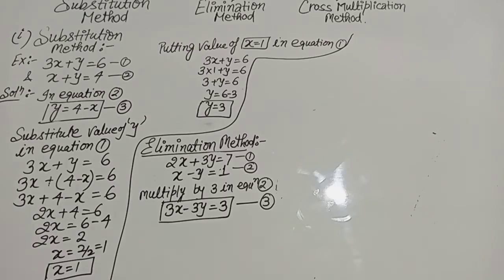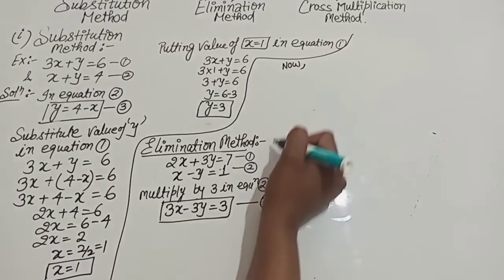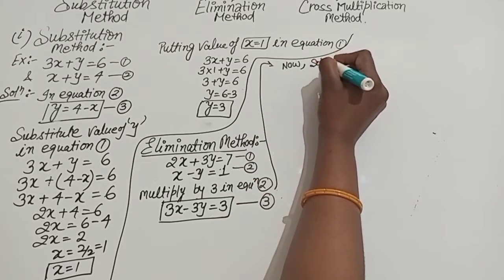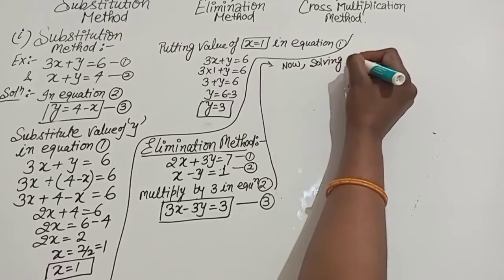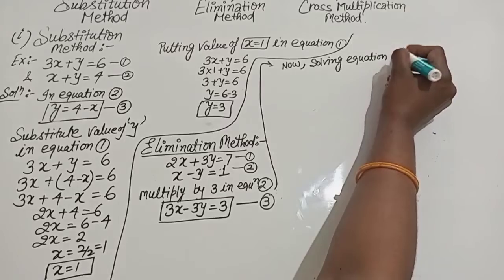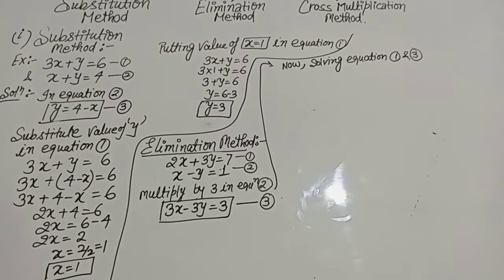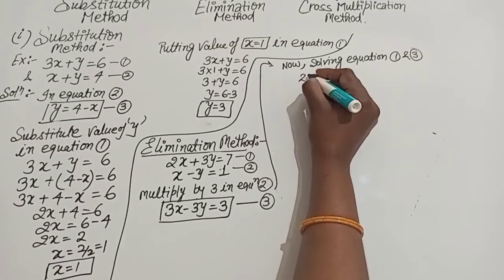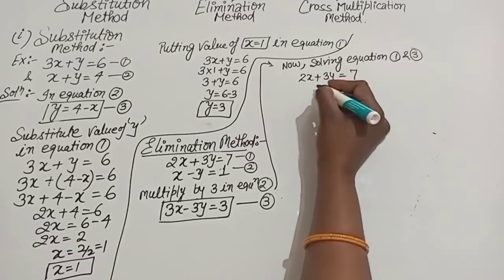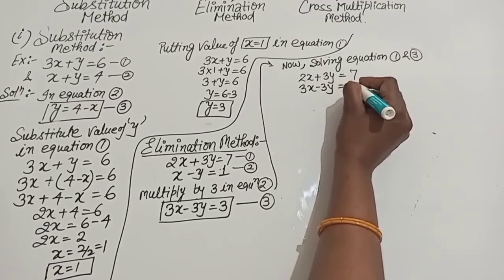So now solving equation 1 and 3. 2x plus 3y is equal to 7, and 3x minus 3y is equal to 3.